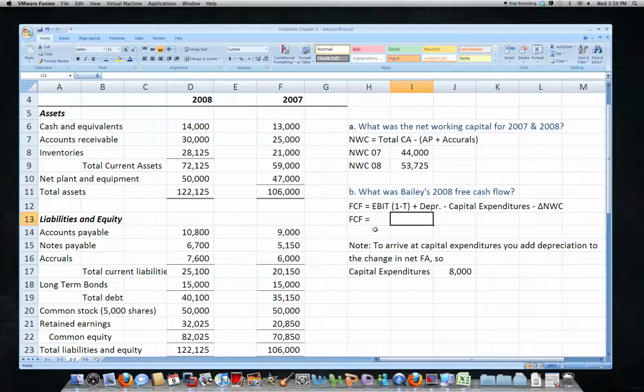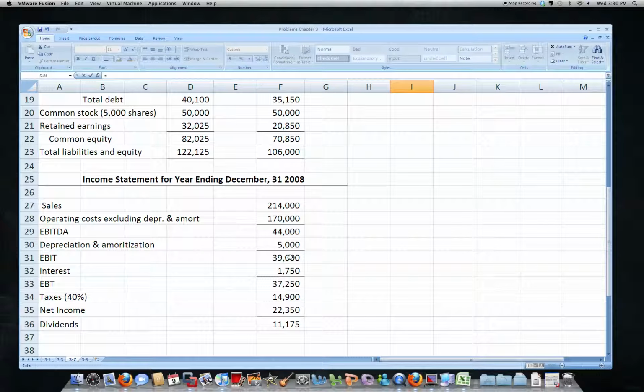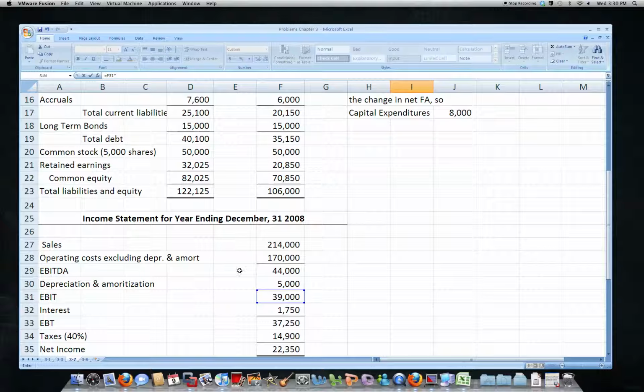We'll start with a formula. It's our EBIT, here's our EBIT, times 1 minus the tax rate. We'll see our tax rate is 40%.